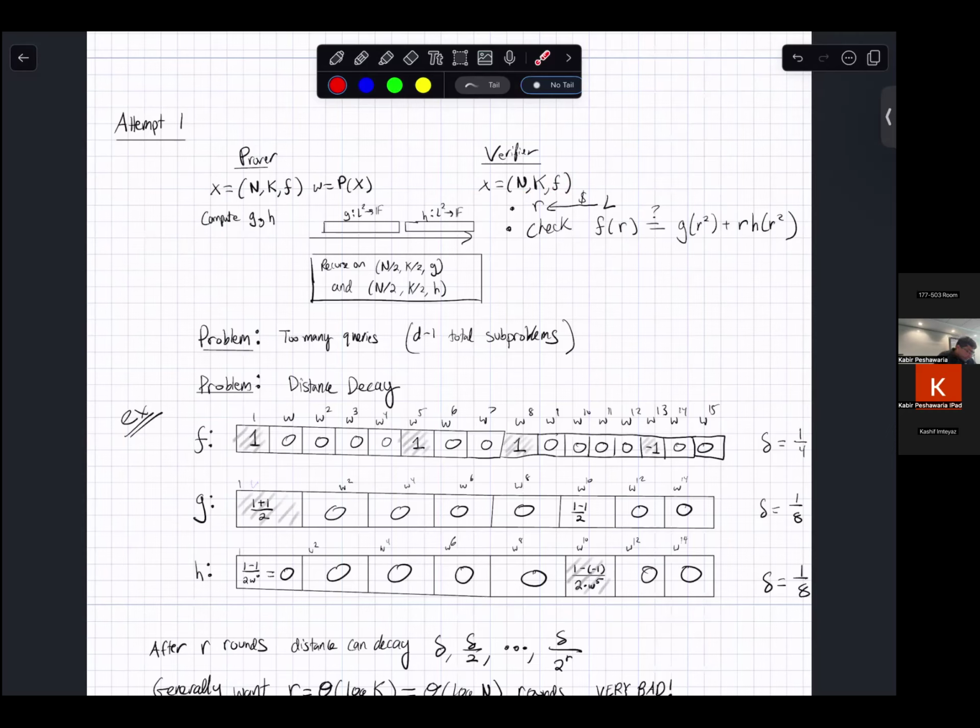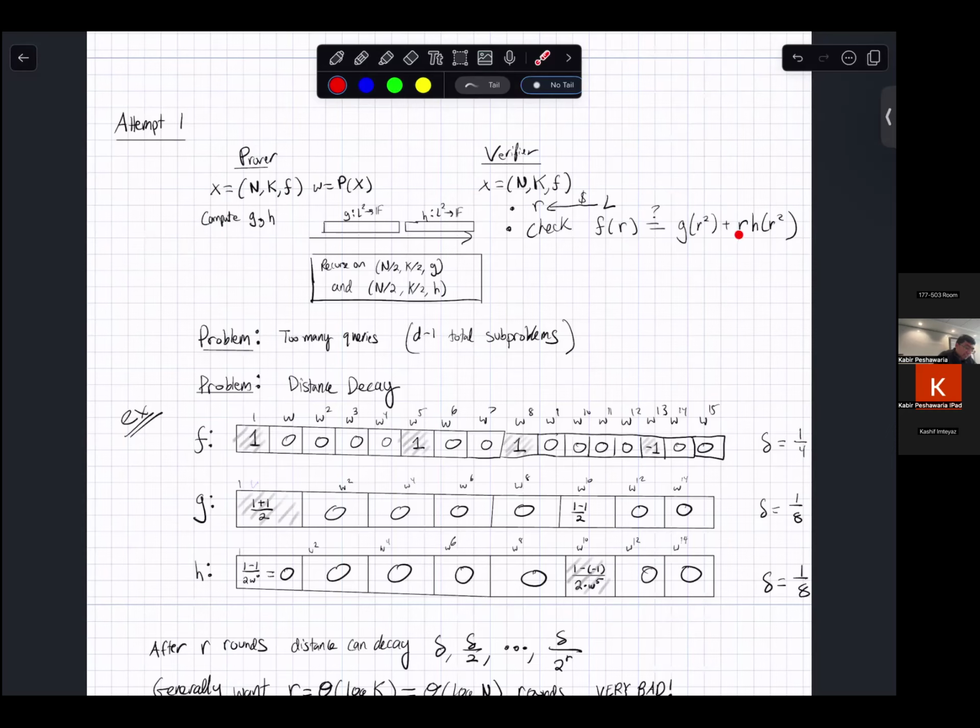So what the prover can do is compute G and H, so that G is the even refinement of P and H is the odd refinement of P. And it can send those functions over, again, as vectors of evaluations. And what the verifier can do is check whether f of x is equal to g of x squared plus x times h of x squared. But how is it checking that?